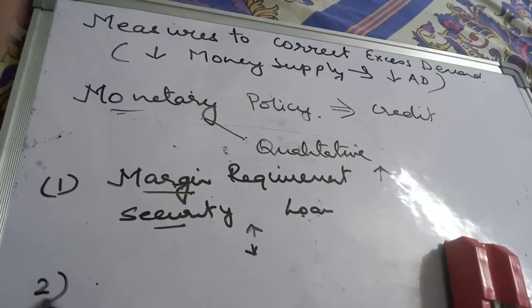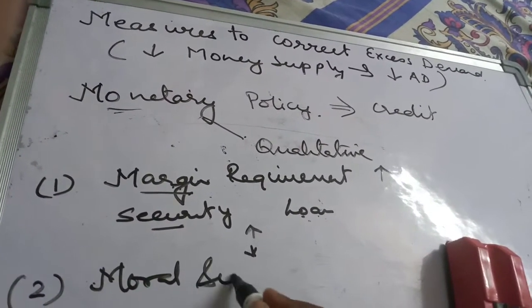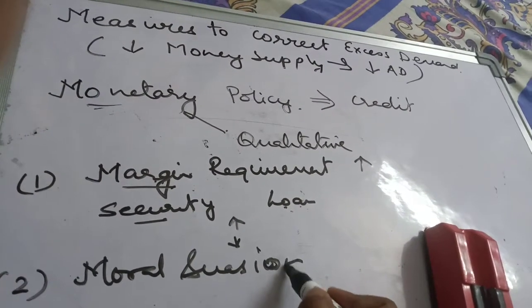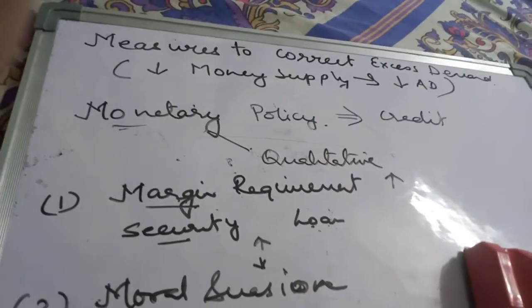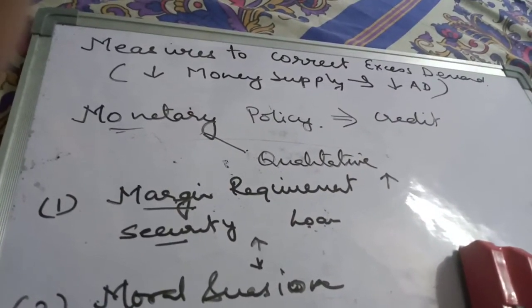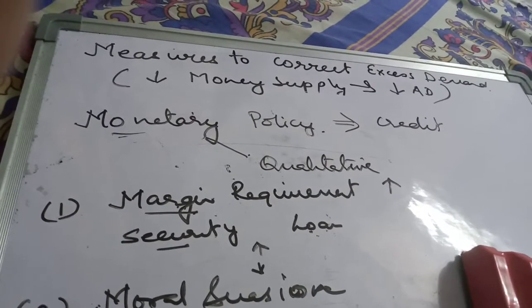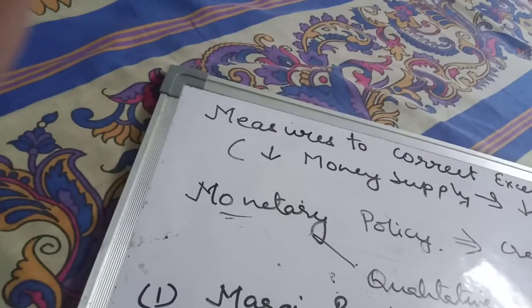Okay. The second qualitative measure is moral suasion. Like persuasion, we have moral suasion. Now what is suasion? It's basically an order, written or oral, and it can be a directive also. Now during inflation, central bank directs commercial banks to reduce loan.